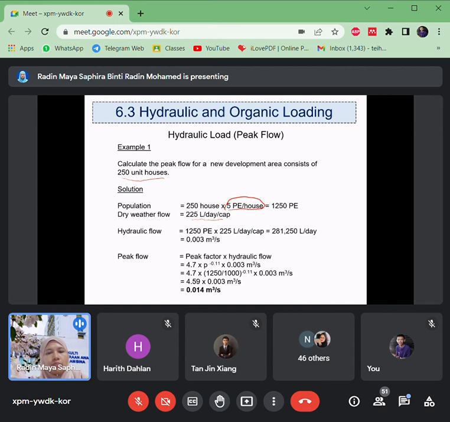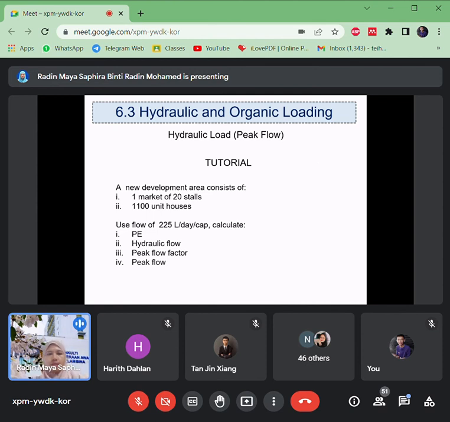Per capita means per person. So 281,250 liters per day. So hydraulic flow is 0.003. So in order for you to calculate the peak flow, calculate here. So you will get the peak flow of 0.014 cubic meter per second.